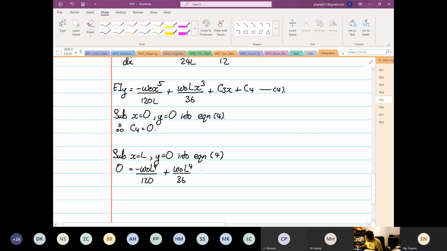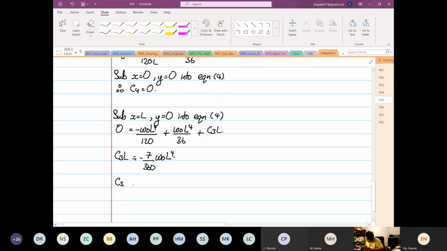So C3L will be equal to 1 over 120 minus 1 over 36, which gives minus 7 over 360 omega naught L^4. So C3 is equal to minus 7 over 360 omega naught L cube.